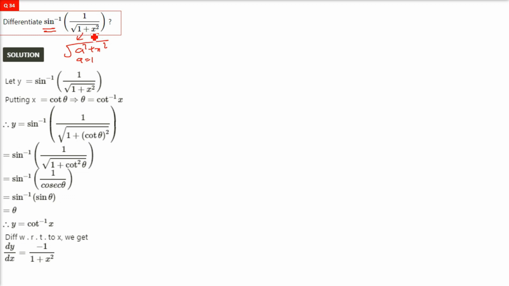Just because we have a sine inverse outside. We need something inside that results in something with sine, and that can only be retrieved when we have x equals cot theta. So when you put x as cot theta, the inside thing goes under root 1 plus cot square theta. 1 plus cot square theta is what? 1 plus cot square theta is cosec square theta.